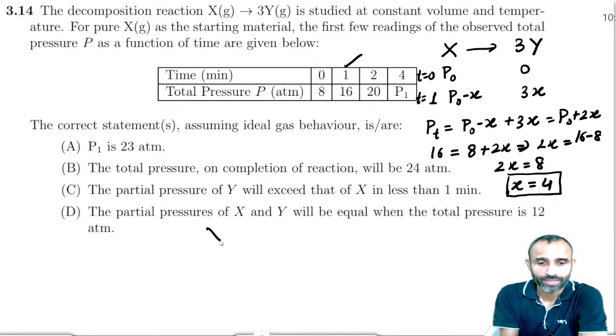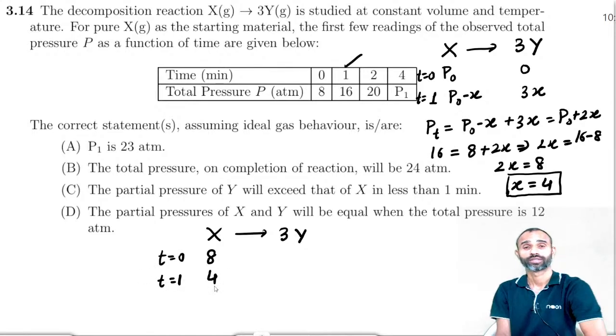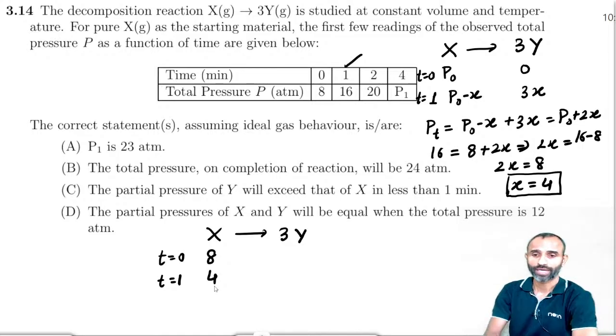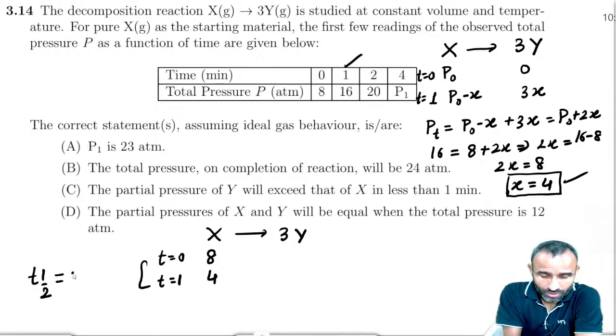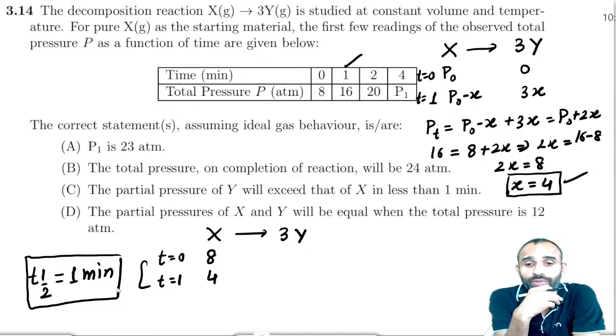That implies X initially was 8, after 1 minute it becomes 4, because 8 minus 4, that means the half-life of this reaction is 1 minute. Half-life is 1 minute.